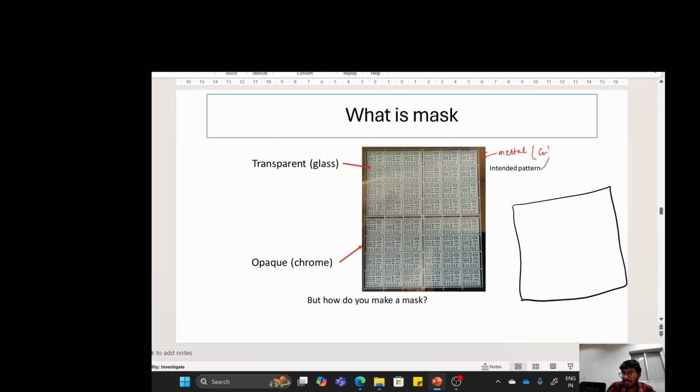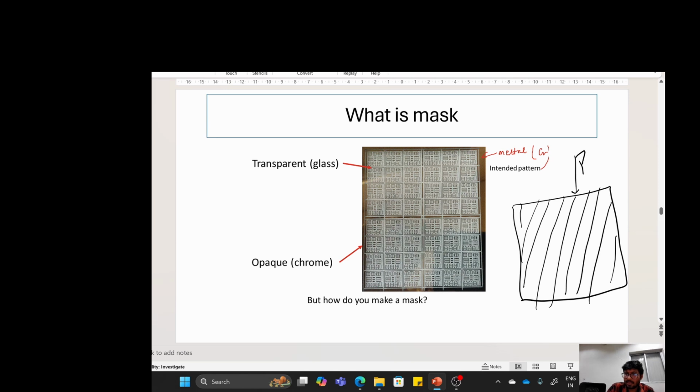It is completely coated with chromium, and over the chrome a photoresist is coated. That can be positive or negative depending on the process, but mostly it is positive only.